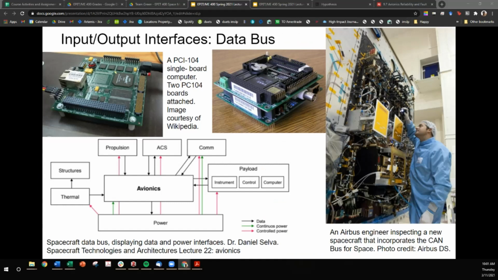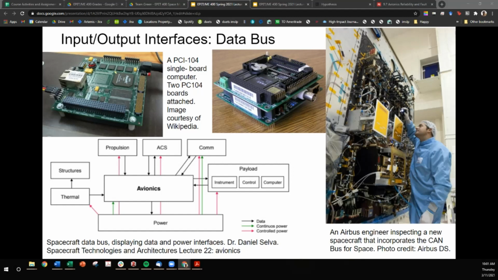So now we'll talk about input and output interfaces. These are not the distinct components or nodes, but they are the interfaces. They are the connectors between distinct components. So here you'll see a block diagram where we've got the avionics, and it has to connect to all of these different subsystems.